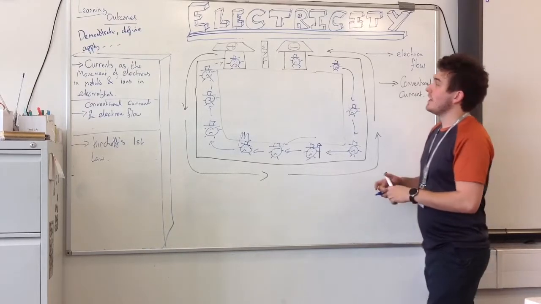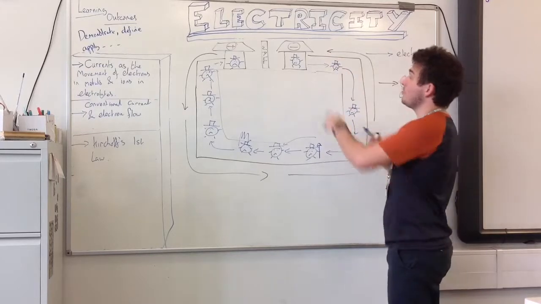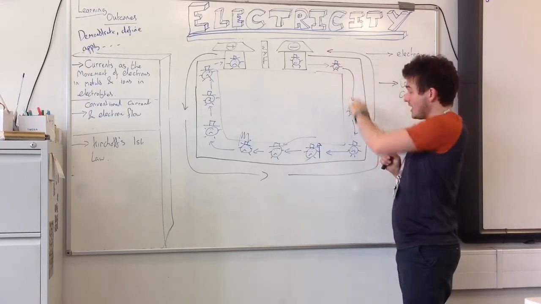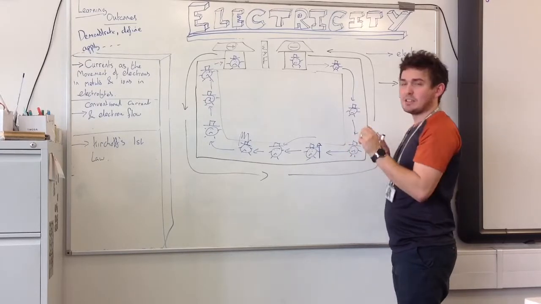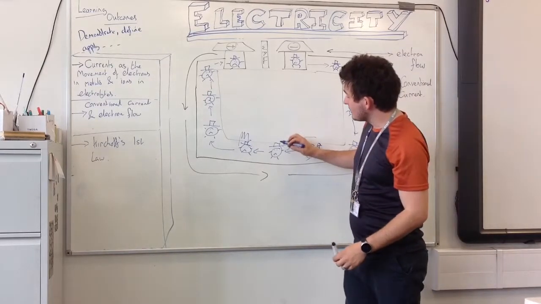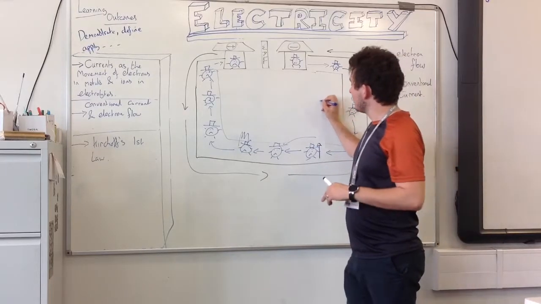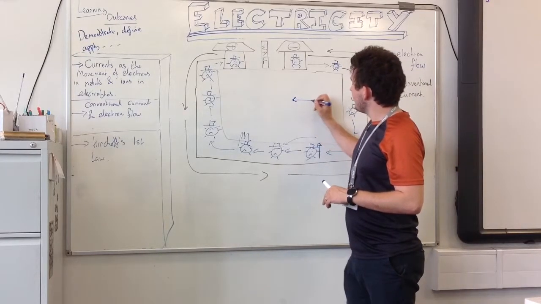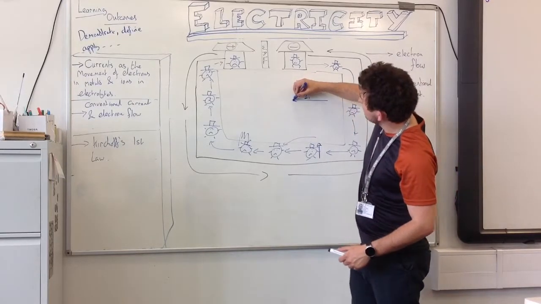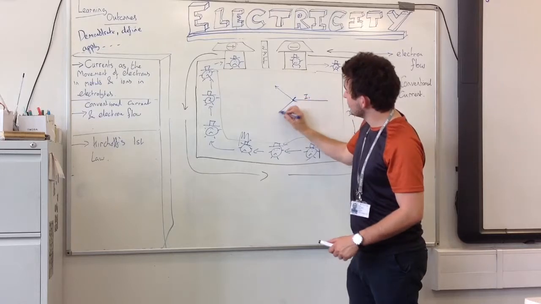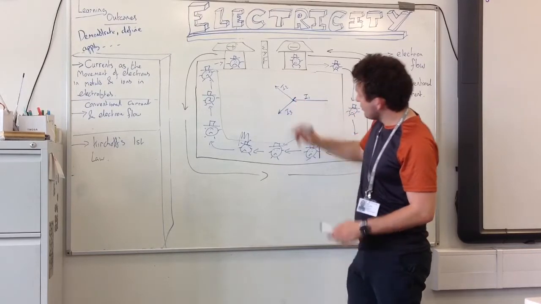That means that any amount of current flowing in the wire in one place must be the same entering as leaving that place. Now, that sounds a bit obvious, but not necessarily. Imagine we have here current 1, and let's say it splits at a junction into current 2 and current 3.